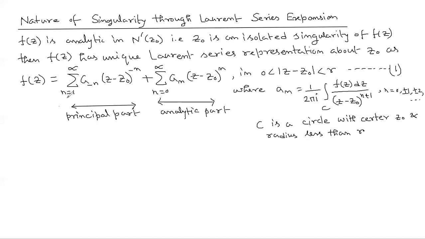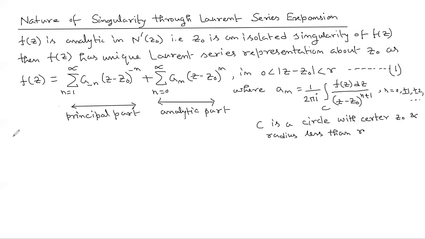The first part of the Laurent series expansion contains the negative powers of z minus z0, which is called the principal part, and the second part contains only the positive powers of z minus z0. This is called the analytic part. Now, if in the principal part there are only a finite number of terms present, then we say z0 is a pole kind of singularity.